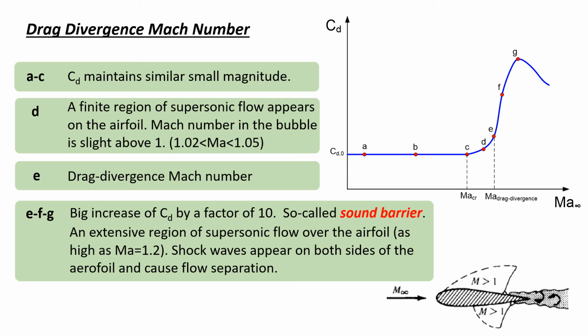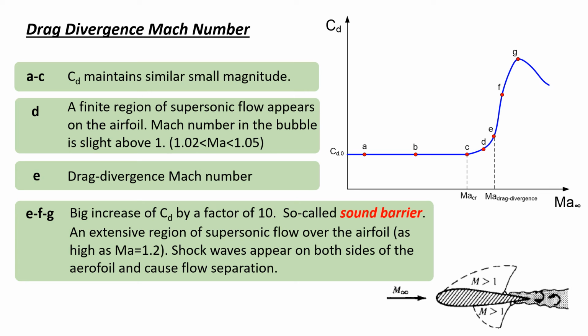So we will have a very large area of supersonic flow. For example, on the top surface, the supersonic region nearly covers more than 2/3 of the upper surface and more than half of the lower surface. So in this case, there will be significant drag induced.